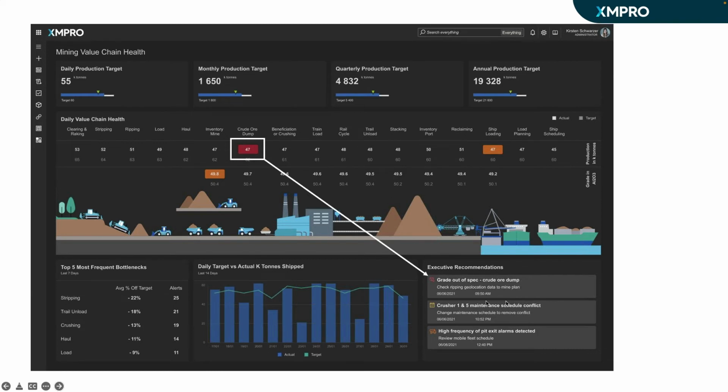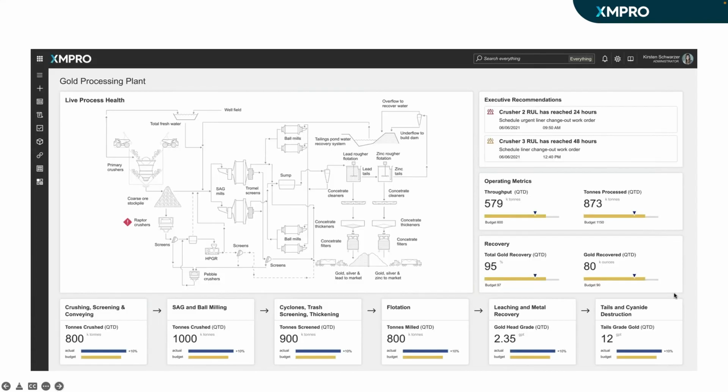But we can also make sure that we have consistent responses to certain events that happen, so that when one mine has a problem, or if two mines have the same problem, we don't have two different responses from the senior executive. We can set up these executive recommendations, review them, and make sure that we've got consistent responses to these.